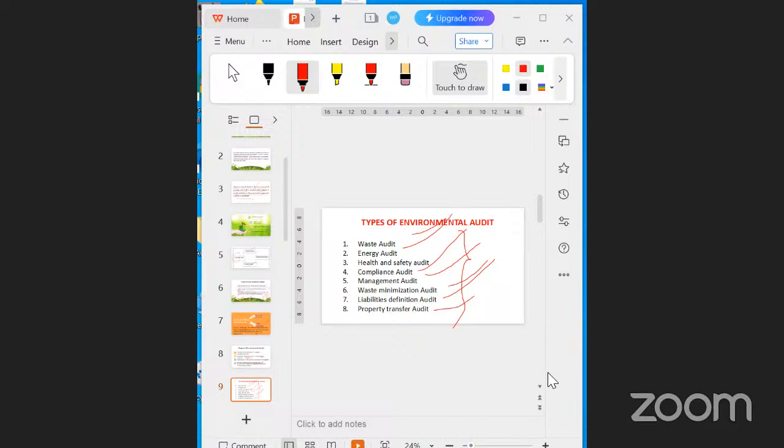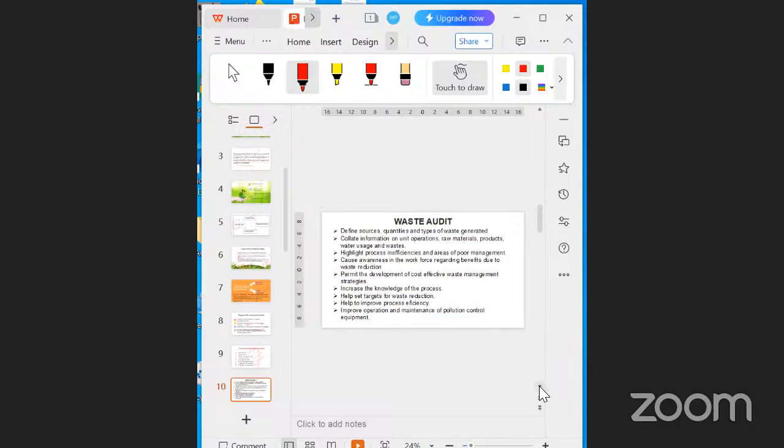First one is waste audit. What is a waste audit? Waste audits are environmental audits which specifically look at the waste management component of an operation or site. In such audits, the various aspects of waste management are reviewed and the methods, procedures, and systems checked and verified.